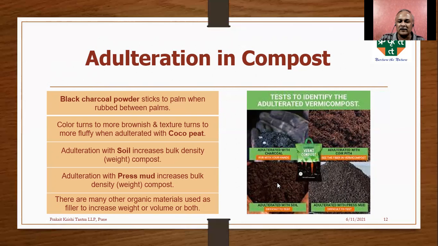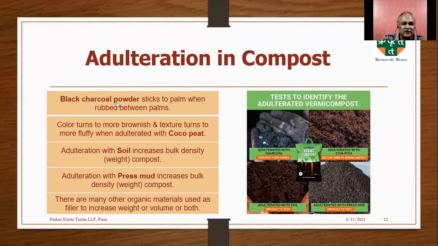Maybe in soil adulteration you will not find it, because soil also contains a lot of humus if it is organic soil. To increase the weight, soil can be added. If it is not blended properly, then it will be visible in lumps, actually, moist lumps also, and dry lumps kind of thing.